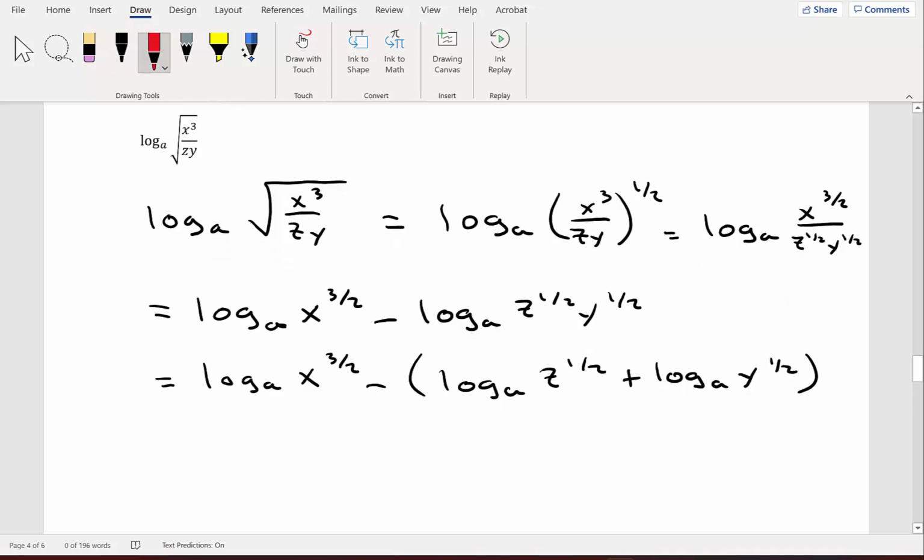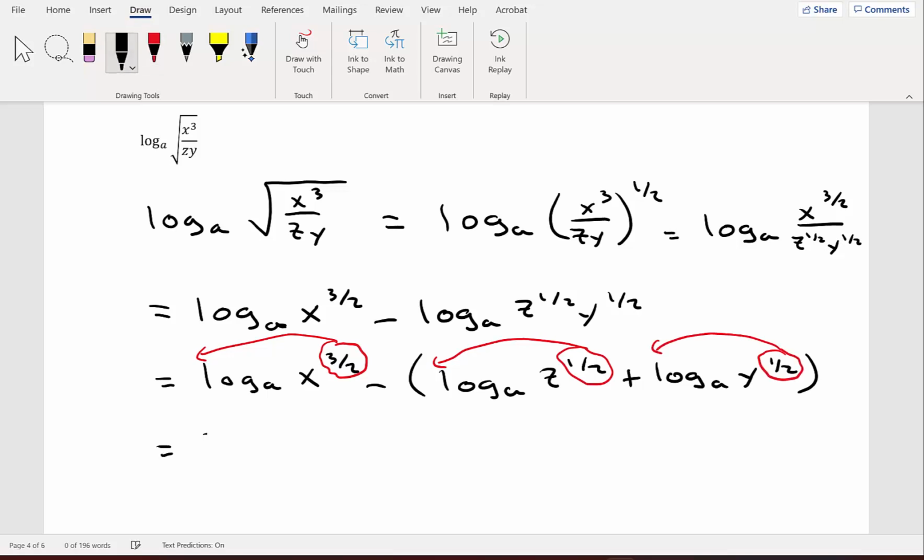Now I could use my power rule, so all of my exponents I can move to the front of my logs. So this gives me 3/2 log base a of x minus 1/2 log base a of z plus 1/2 log base a of y.